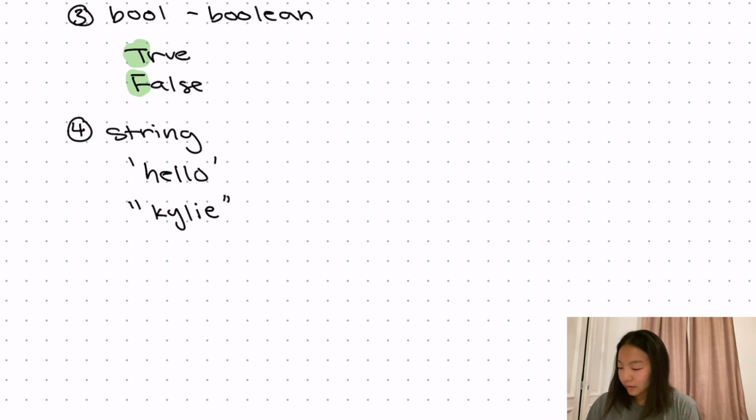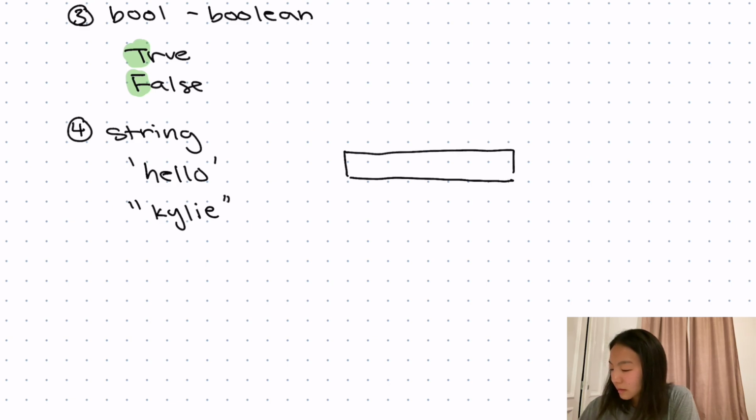Actually, something that I like to do with the iPad is I like drawing out this representation. So here for this hello, I'm actually going to literally draw a sequence of characters.